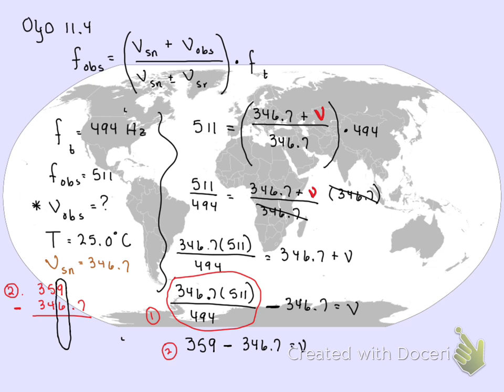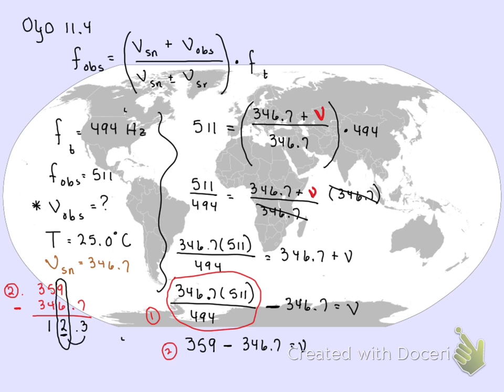So, when you pull out your calculator, 359 minus 346.7 is going to give you 12.7. Or I'm sorry, 0.3. My fault. Sorry. Because that's kind of like a 0 there. So 10 minus 7 is 3. Okay, duh, right? Anyway, it gives you 12.3 because our significance is right here in our circled column.